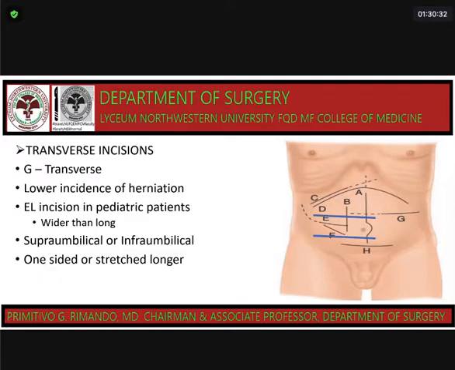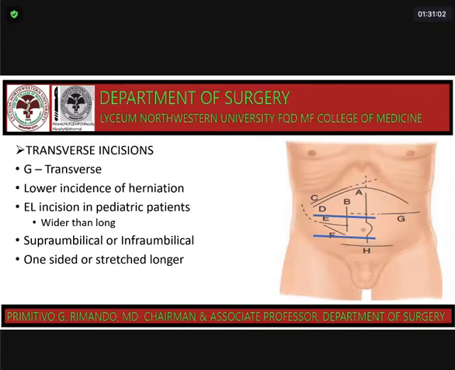Okay, transverse incisions. So we have your transverse or your horizontal incisions. Here it's letter G. But actually the incision on the right is the more common one. So this is usually used in pediatric explore laps. For example, I'm a pediatric surgeon.